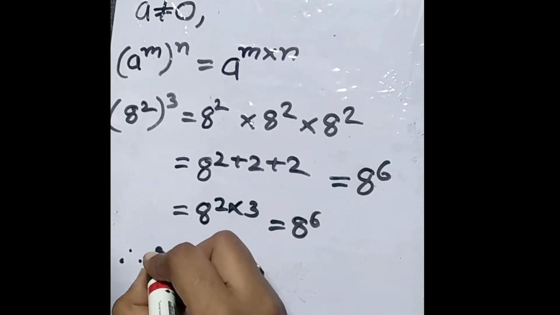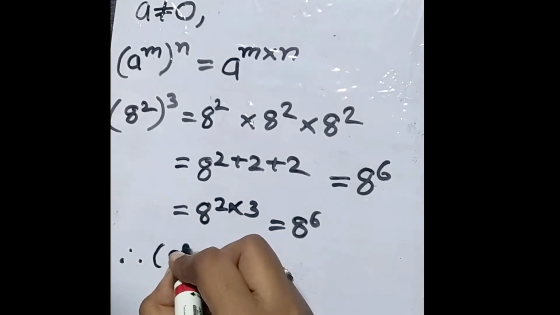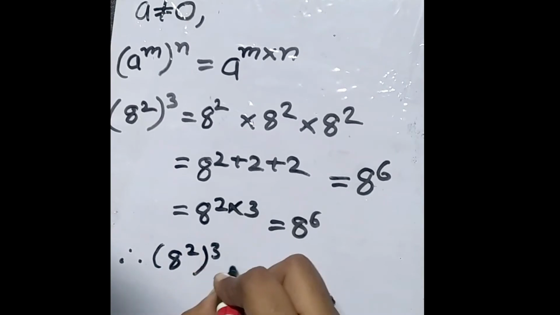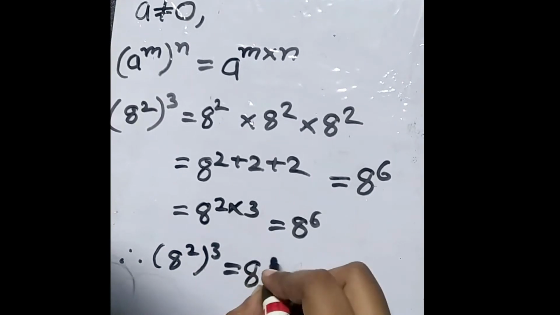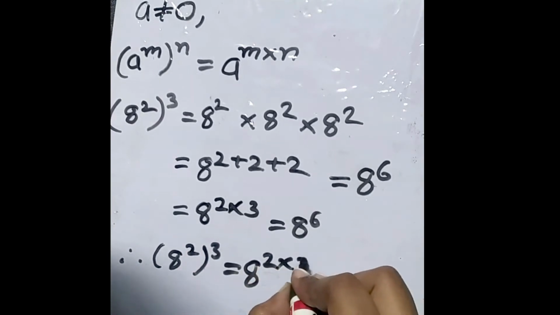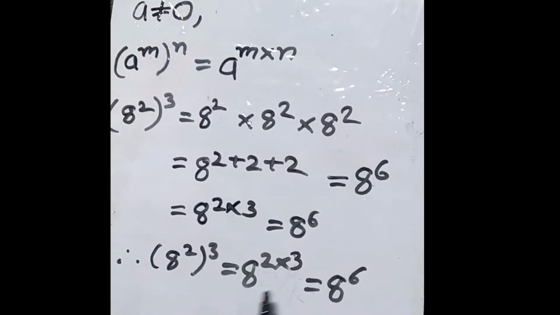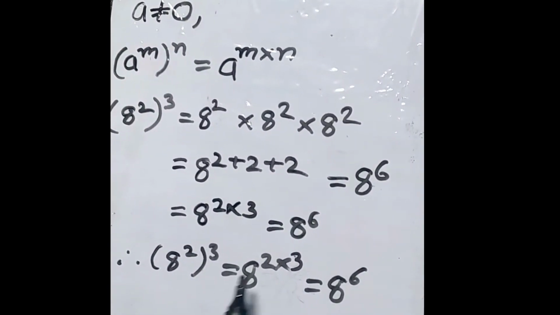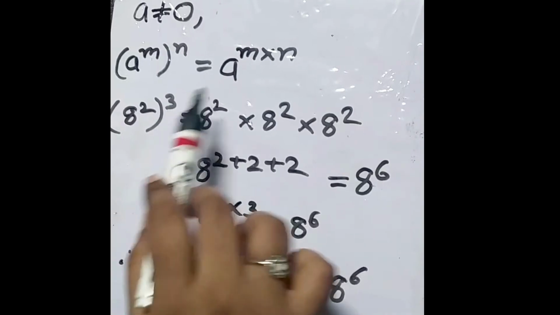Therefore 8 square the whole cube equals 8 raised to 2 into 3. I have taken this example just to show how this rule is applied. You can directly use this rule in this example.